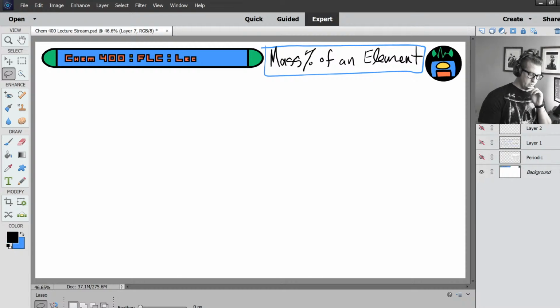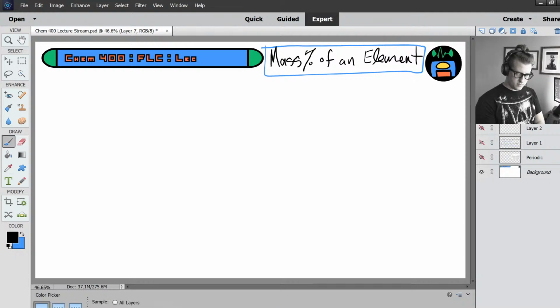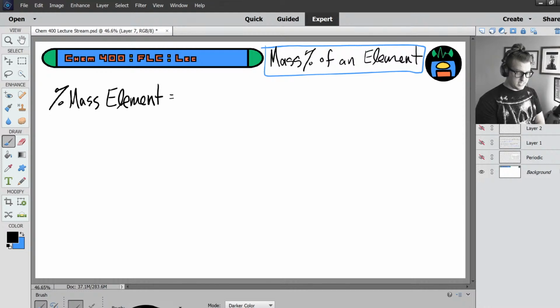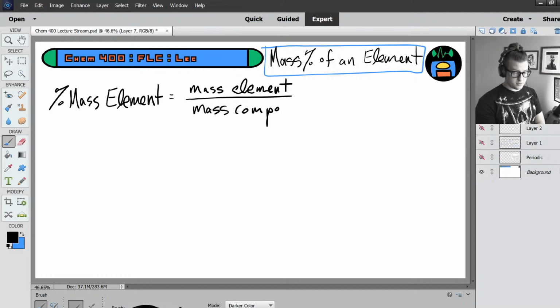Percent mass of an element in a compound. The percent mass of an element is equal to the mass of that element divided by the total mass of the compound, times 100.